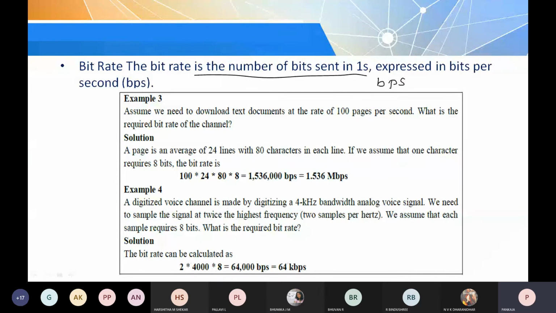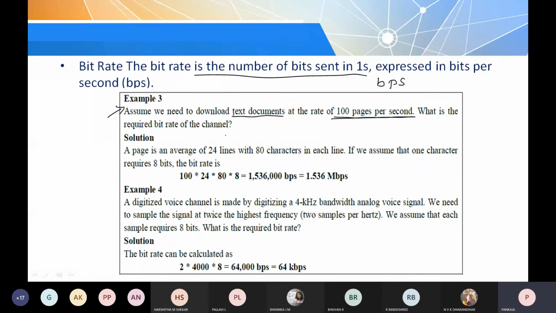So now we'll go with the problem. It is just an assumption. Assume we need to download a text document at the rate of 100 pages per second. You want to download a text document containing 100 pages per second. So in that case, you need to calculate what is the bit rate of the channel.